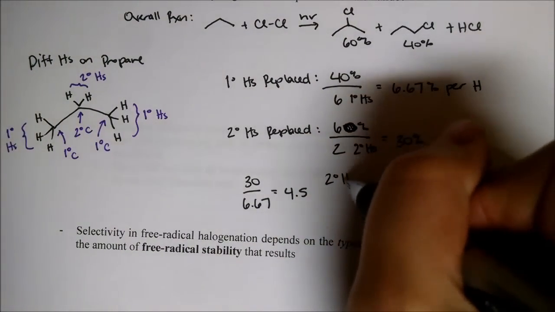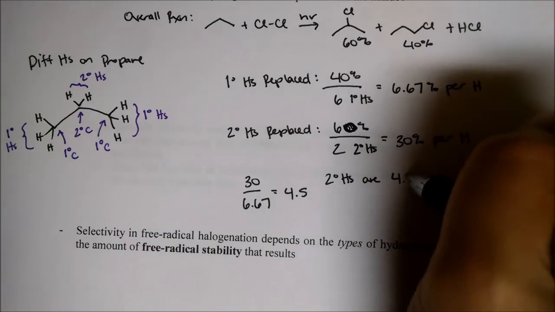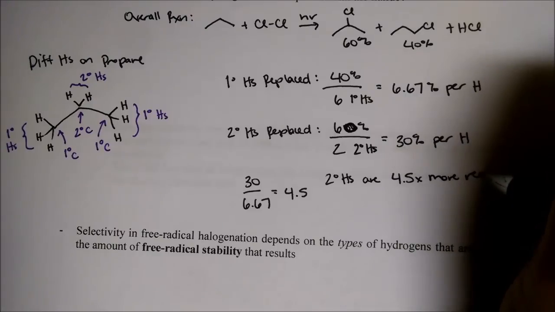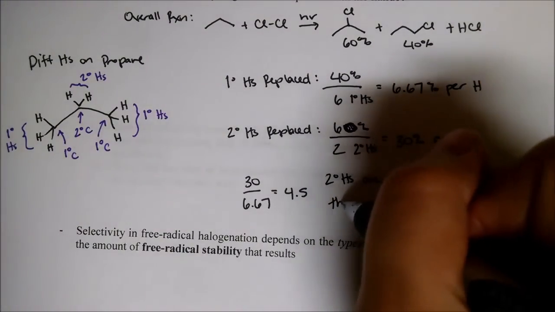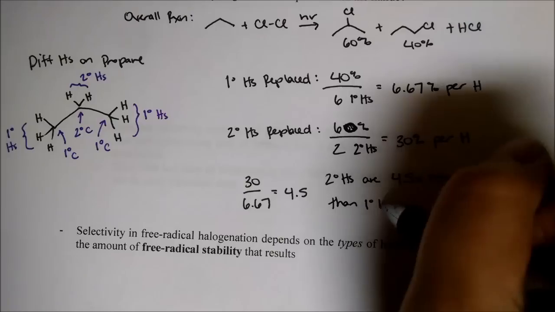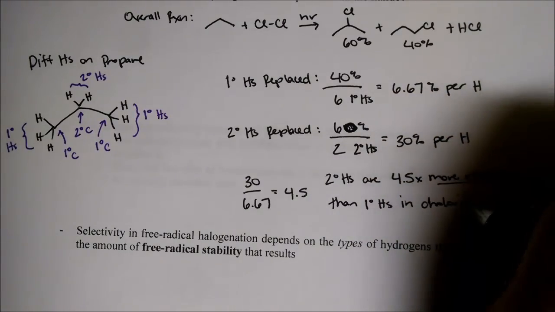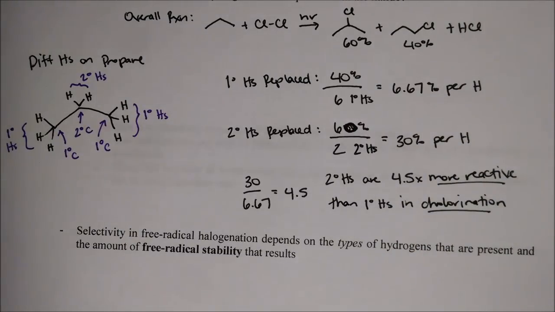Okay, so the secondary H's are 4.5 times more reactive than primary hydrogens in chlorination. And I am going to be specific because it isn't the same for bromination. So I'm going to be specific for chlorination.